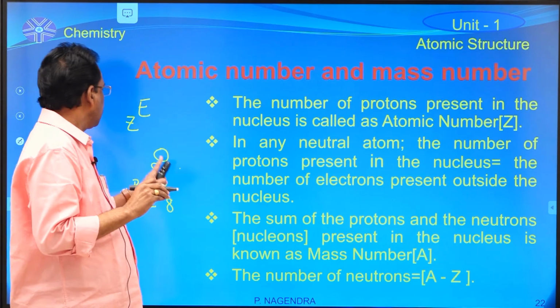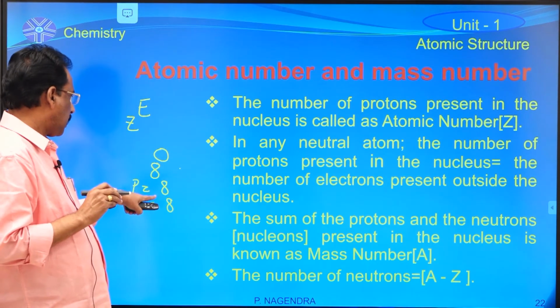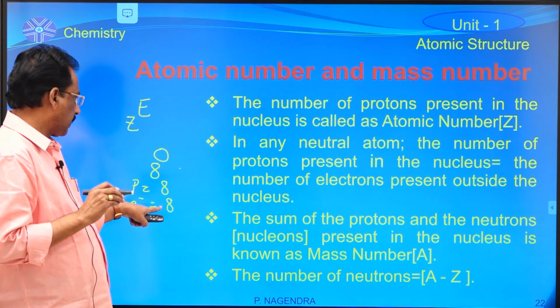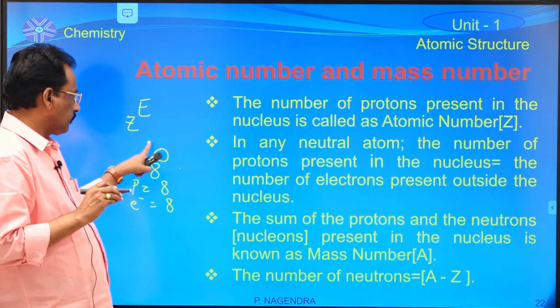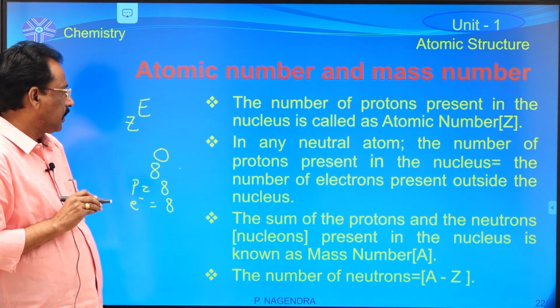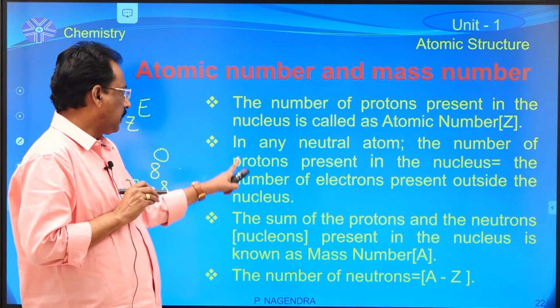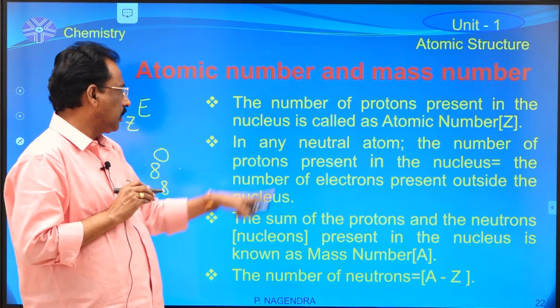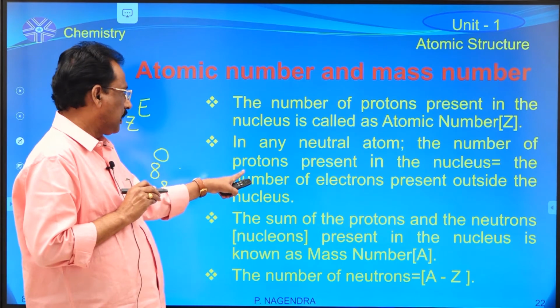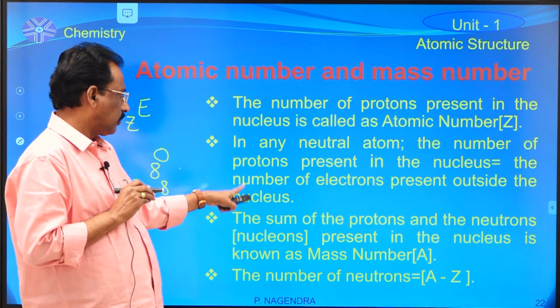That's why in this representation there are 8 protons and 8 electrons, and this atom's charge is 0. So in any neutral atom, the number of protons present in the nucleus should be equal to the number of electrons present outside the nucleus.